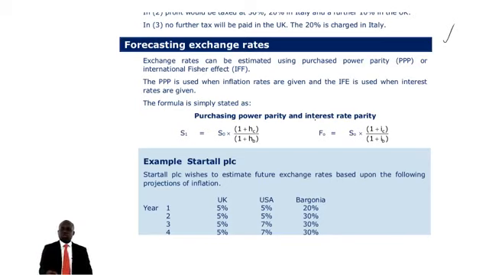Do you want me to use purchasing power parity or interest rate parity? And the question will answer, I have given you the inflation rate. So the moment I see inflation rates, purchasing power parity is calling me. The moment I see interest rates between the two countries, interest rate parity is calling me. It's a formula business. The formula is the same.